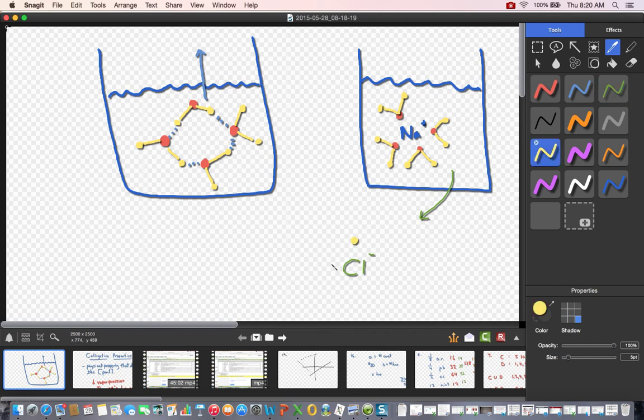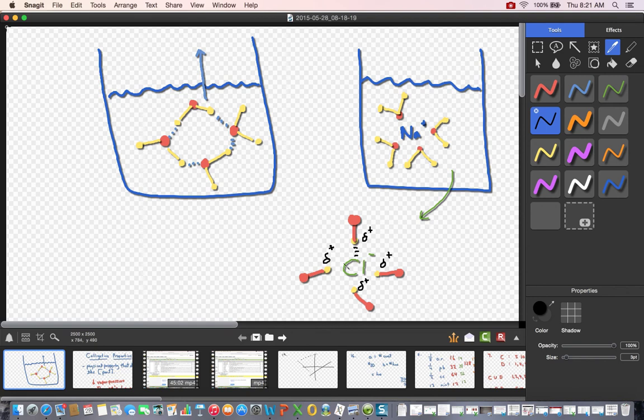Now it's the hydrogens that are oriented to interact with the negatively charged Cl minus, and the oxygens are oriented away. Of course, I'm only drawing part of the picture here. So partial positive charge, partial positive, partial positive, partial positive.